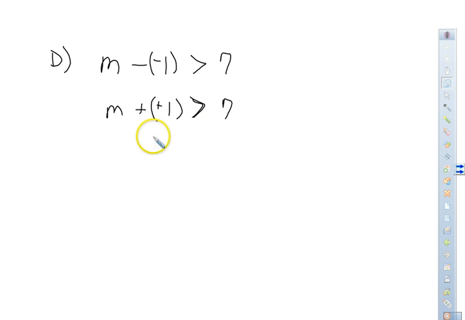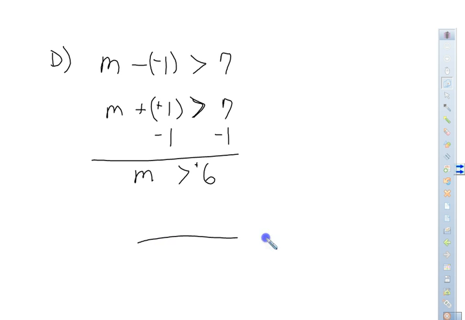Now we can do the inverse, which would be a negative 1 to both sides. M is greater than, these are different signs, so you're going to subtract, and we get 6. 7 is larger, so it's positive.